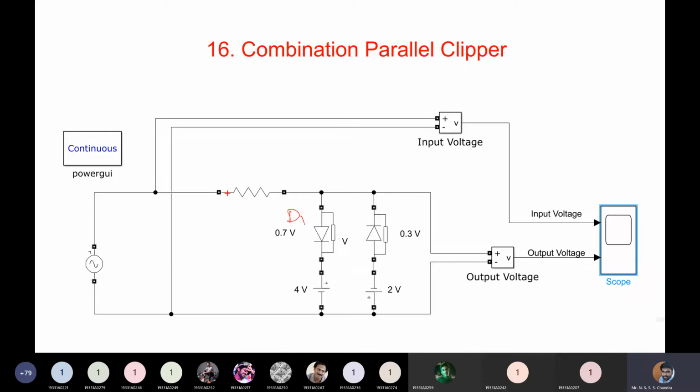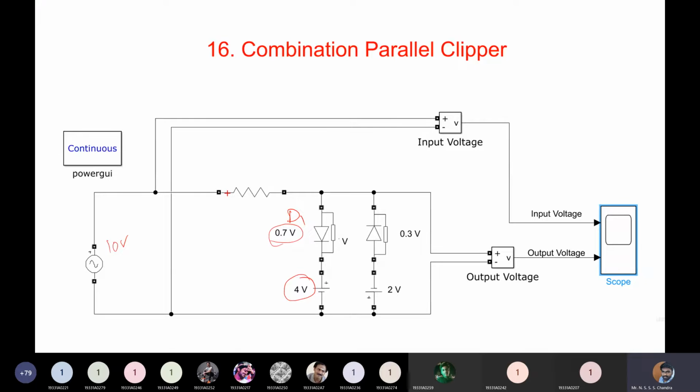So now tell me when will this diode be in on condition? We have a peak voltage of 10 volts supply, the diode forward drop voltage is 0.7, and the battery voltage of 4 volts is given. Now tell me in which condition your diode D1 will be turned on.